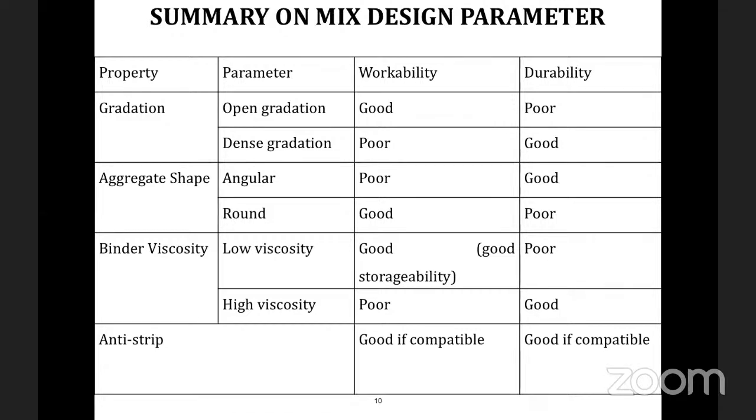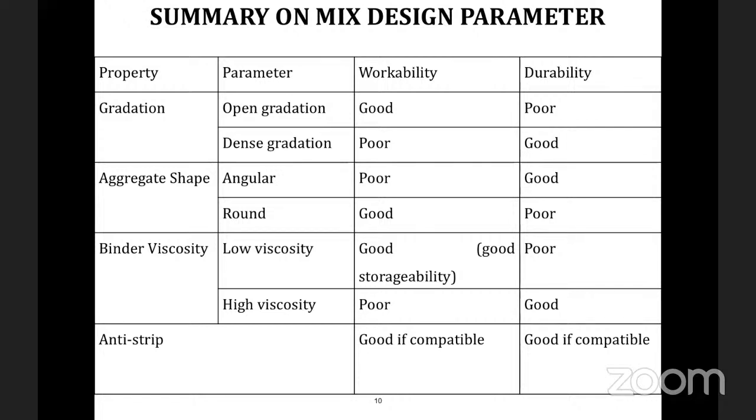If we consider gradation, then comes workability and durability. If it is an open gradation, workability will be good, but durability will be poor. If we consider dense gradation, workability will be poor, whereas durability will be good. Next comes the aggregate shape, angular or round. If it is angular, workability will be poor and durability good. Like that, for binder viscosity, low viscosity should be used.